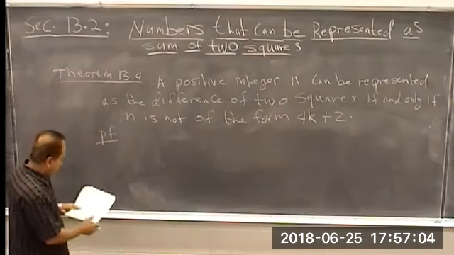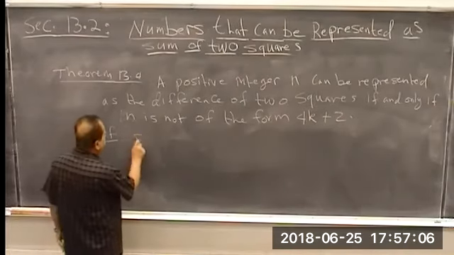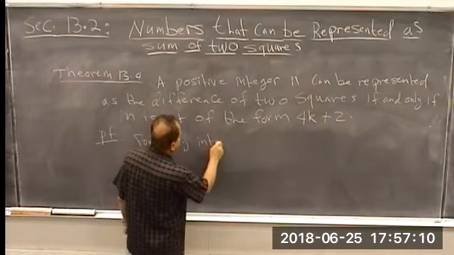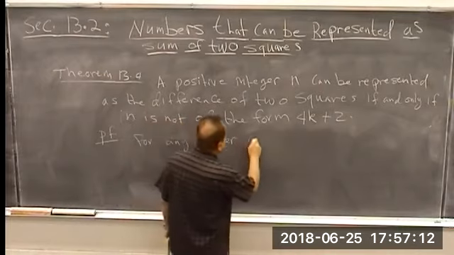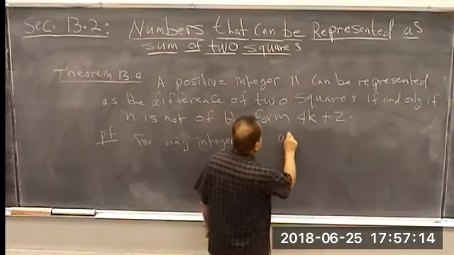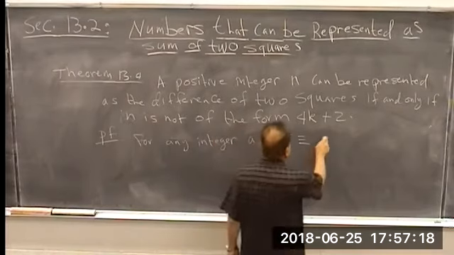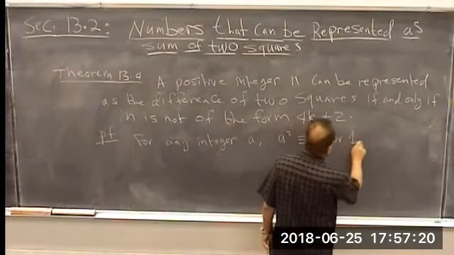Okay, so for any integer a, we know that a squared is congruent to either 0 or 1 mod 4.